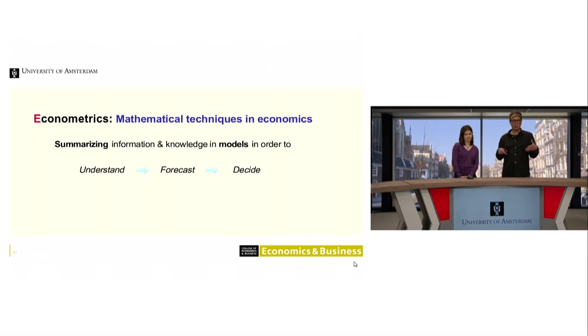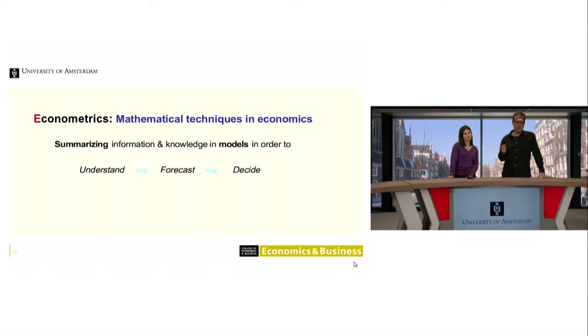For instance, the development of loans, of derivatives or whatever, all kinds of things. If you think you have a good understanding of what is going on, you build a model. And using this model, you try to forecast. Sometimes you have a good model and you can forecast really well, and sometimes it's not possible.